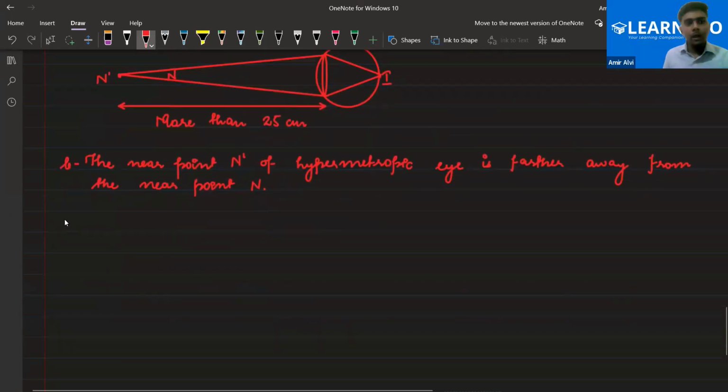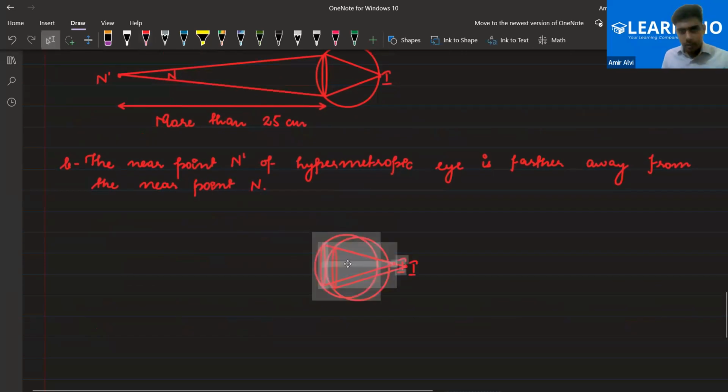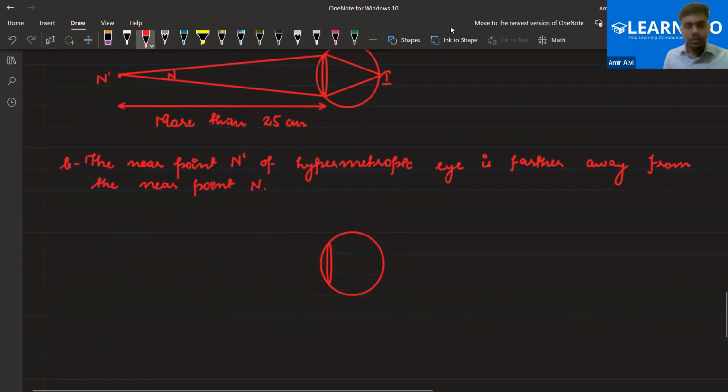Now for the last part, how to correct it. As you can see, the converging power is decreased. It means we have to use a lens which converges the light rays.